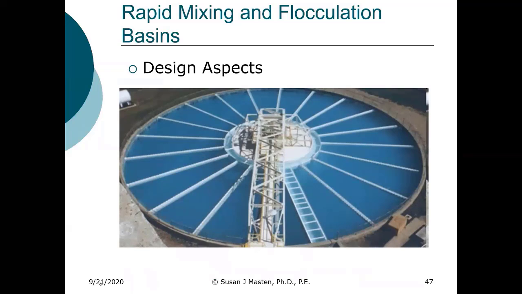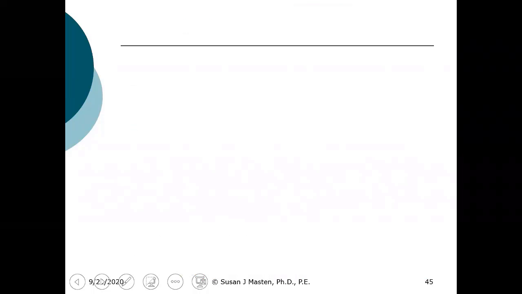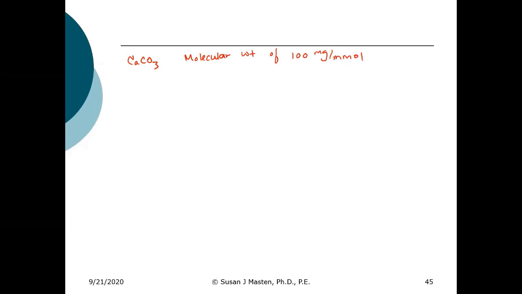So we've looked at how we determine alum doses, and we've looked at the reaction of alums. Now we really want to look into the design aspects. The question was, how do we get the 50 milligrams per liter? Calcium carbonate has a molecular weight of 100 milligrams per millimole.